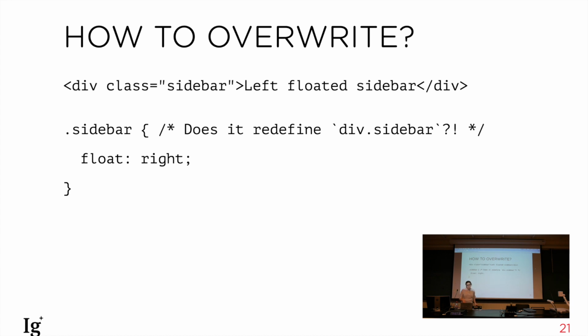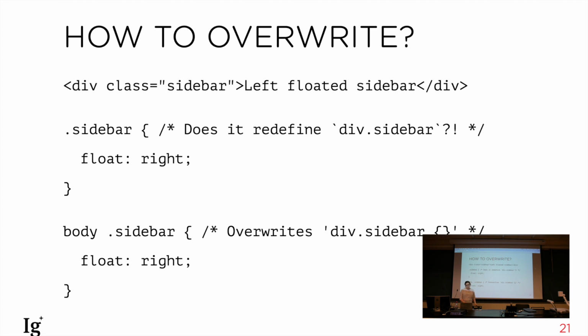Until you refresh your browser, you never know, because maybe it doesn't, because there is some other CSS which is more specific than yours, and then you need to provide additional ancestors to your selector to make it more specific and finally override the previous CSS.